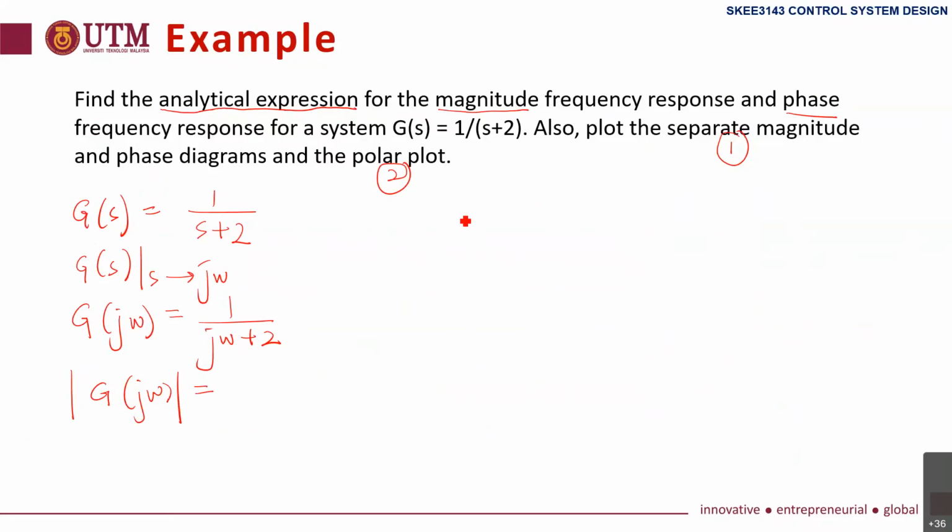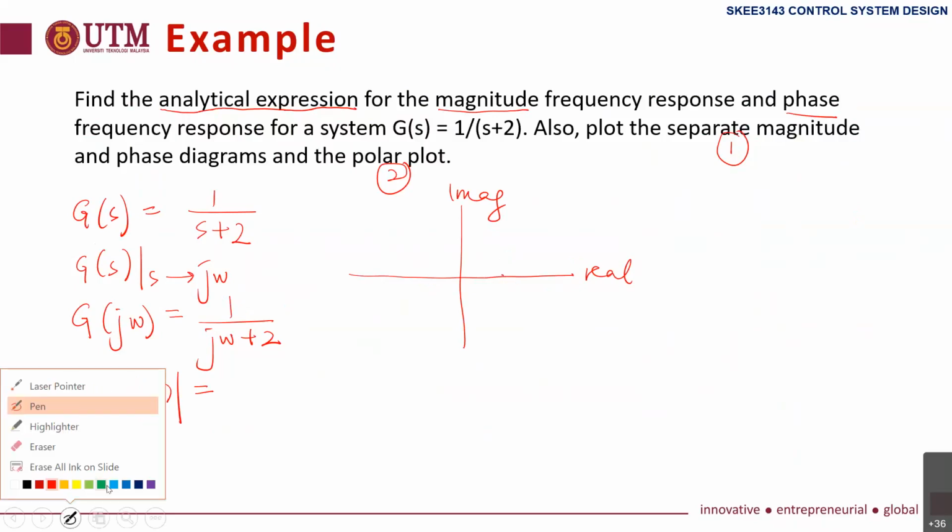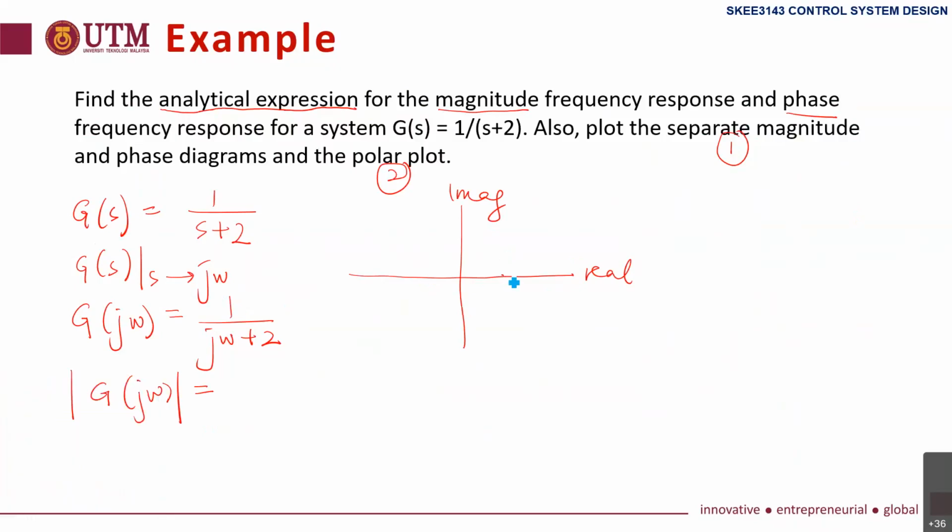If I make a plot here, a normal xy, this is maybe real, this is imaginary. The 1 here we can imagine as just 1. That means the magnitude is also 1 from the origin.